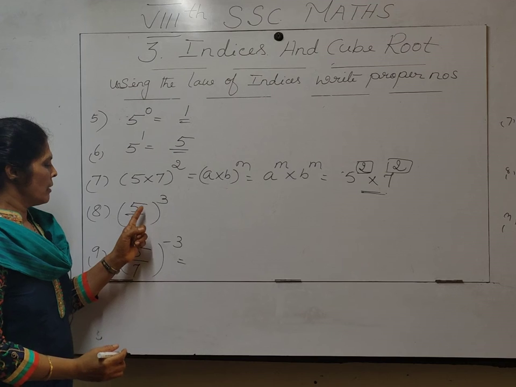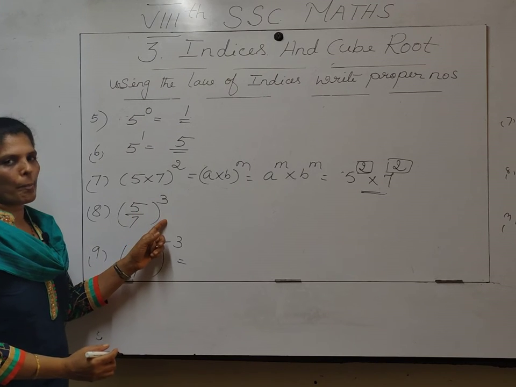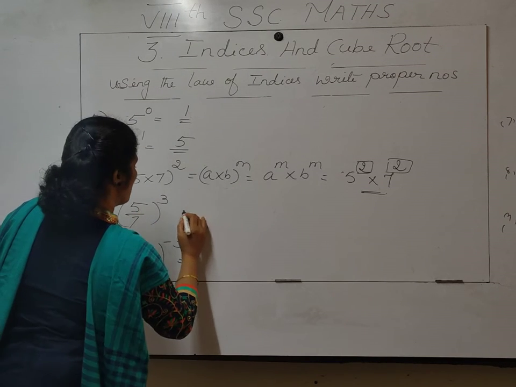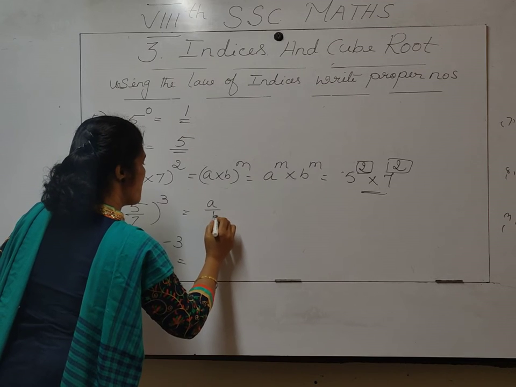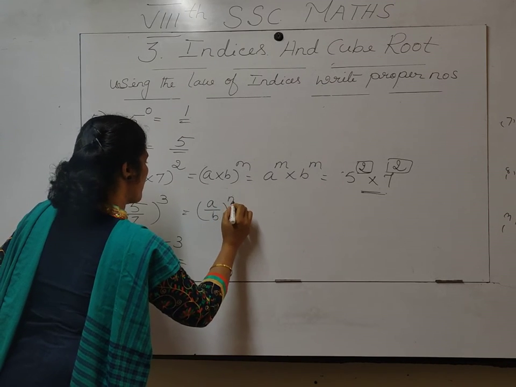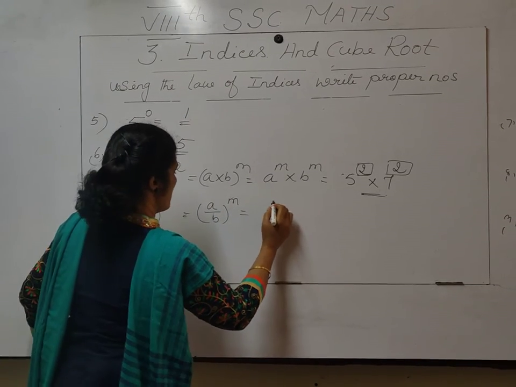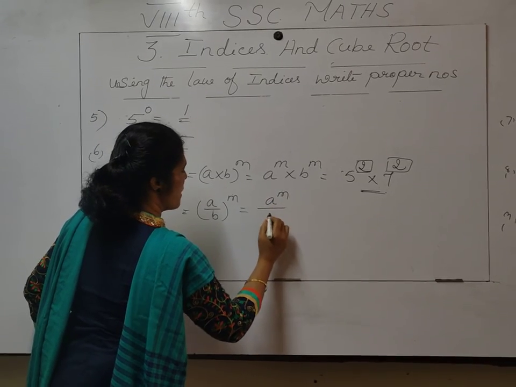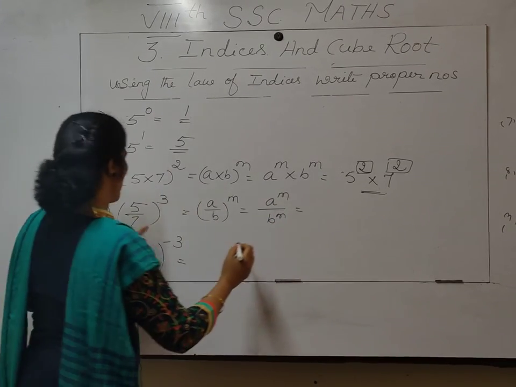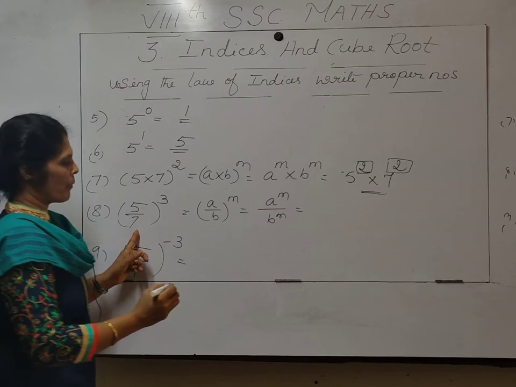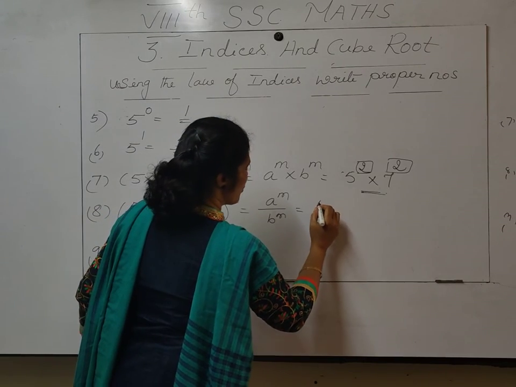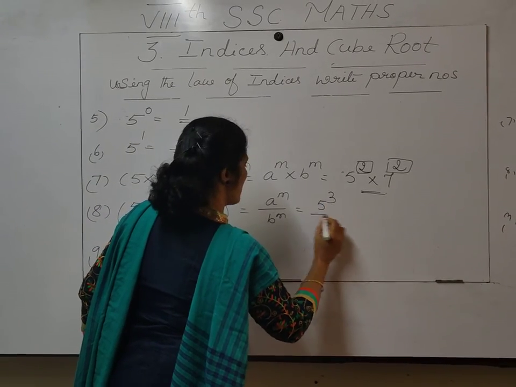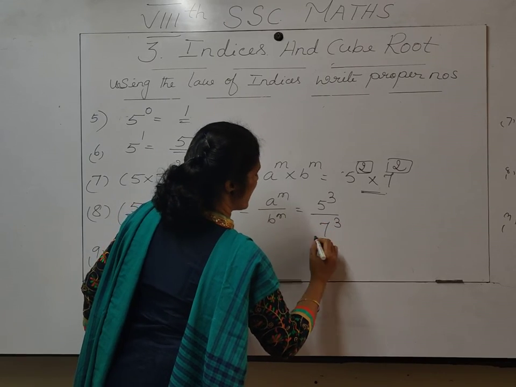Next, 5 by 7 to the power 3, इसका मतलब a by b to the power m, that is a power m by b power m. So the value of a is 5, b is 7, so 5 to the power 3 divided by 7 to the power 3.